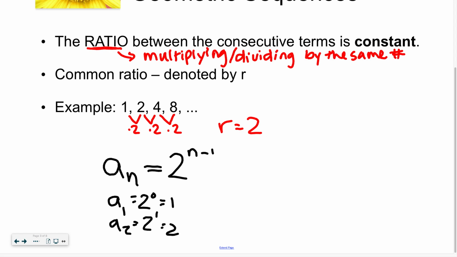Because that's how many times you're multiplying r. Do you remember our discussion I tried to make pretty clear yesterday? If you notice that your pattern is +4, +4, +4, +4, we feel like we should write n plus 4 in our rule, right?